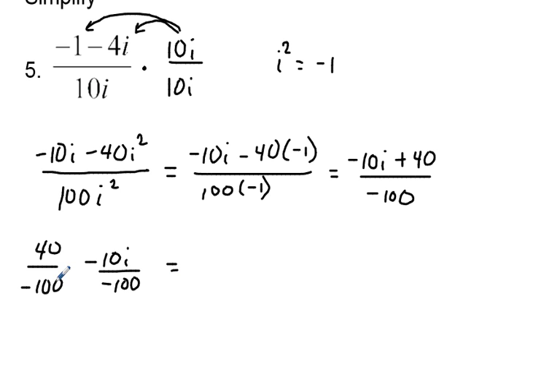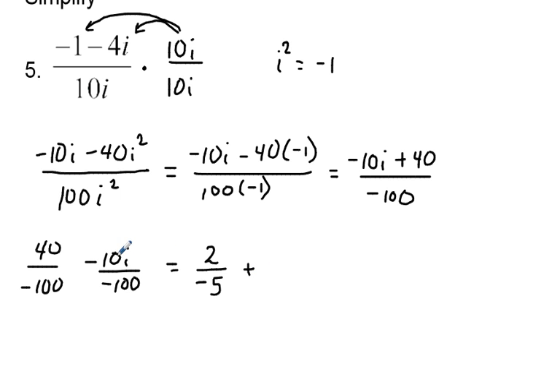40 over negative 100, this can be simplified by dividing the top and the bottom both by 20. 40 divided by 20 is 2. Negative 100 divided by 20 is negative 5. Now here we have a negative divided by a negative. This yields a positive.